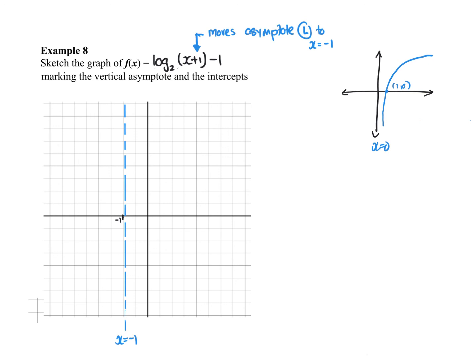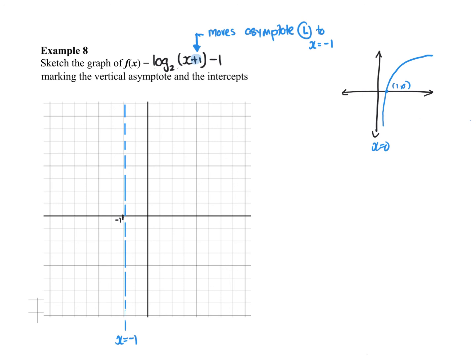So let's have a look at if we're asked to sketch this one. It's got a base of 2, but we've got a few things that have moved. See how we've got this plus 1 in here. When you have a number on the x part, that translates or moves the graph either left or right.